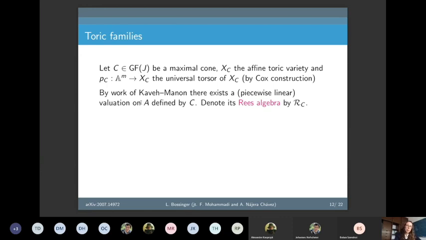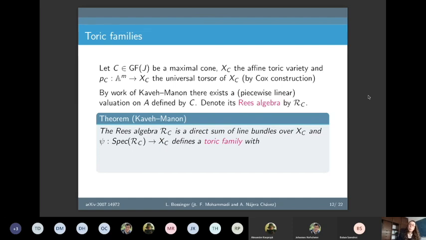The important takeaway is that such an evaluation defines a filtration of the algebra, and to a filtration I can associate its Rees algebra. And this Rees algebra is like a family that interpolates between the algebra itself and the associated graded with respect to that filtration.